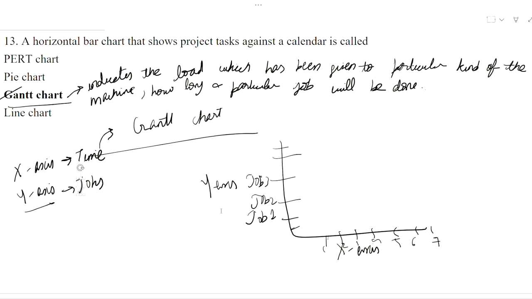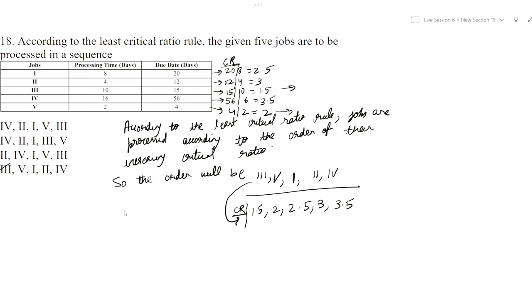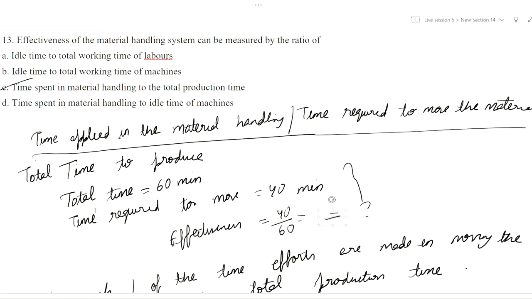It indicates the load which has to be given to a particular machine, and how long a particular job will take. Again, we discussed effectiveness in material handling.